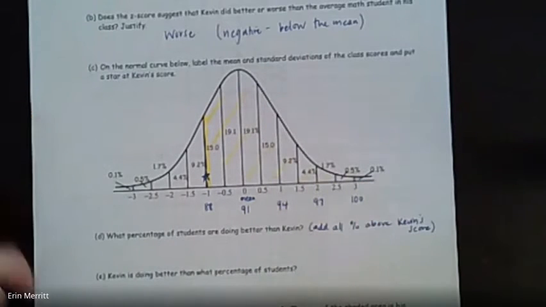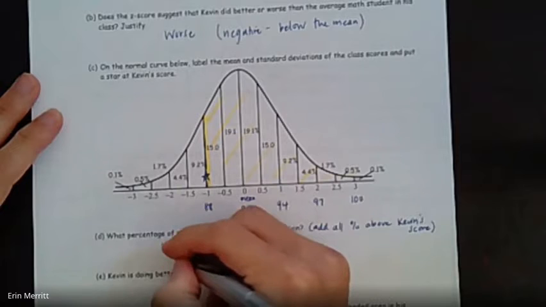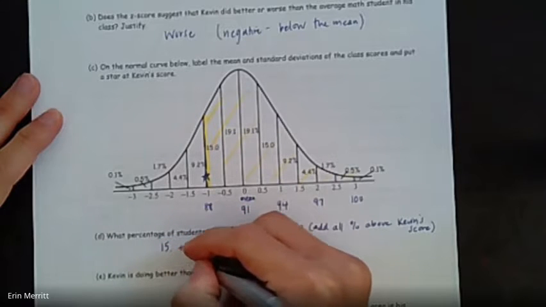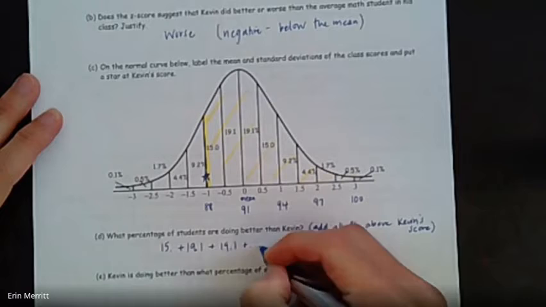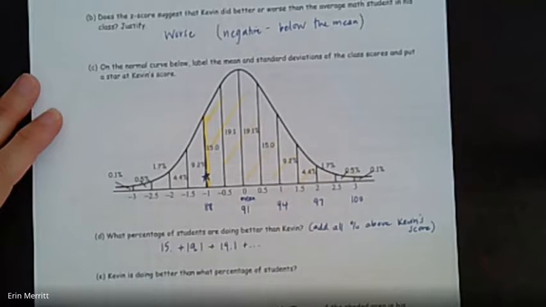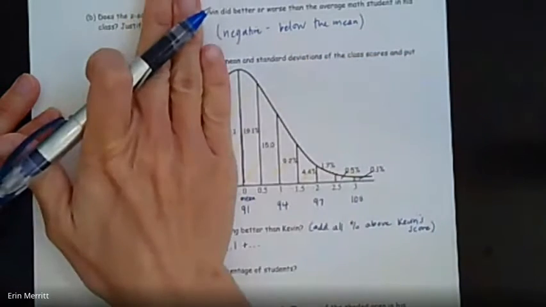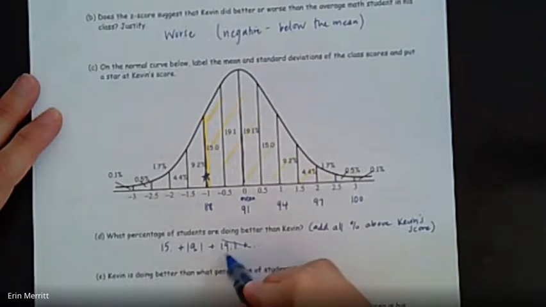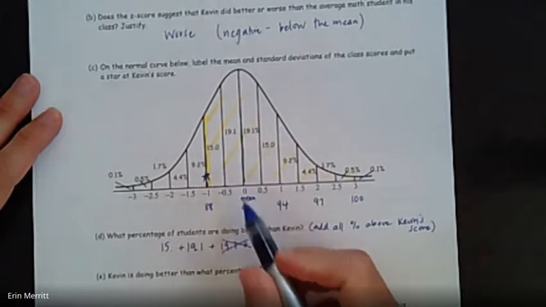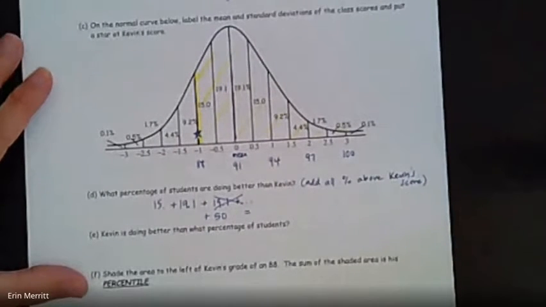So all of this, okay? That means we would be adding the 15% plus 19.1, and then keep going, another 19.1, and so on. All right, now something you might realize, dead center to the right is 50%, to the left is 50%. So you could even say, all right, let's forget that, do 15 plus 19.1 plus 50%, and that would cover it right there. All right?